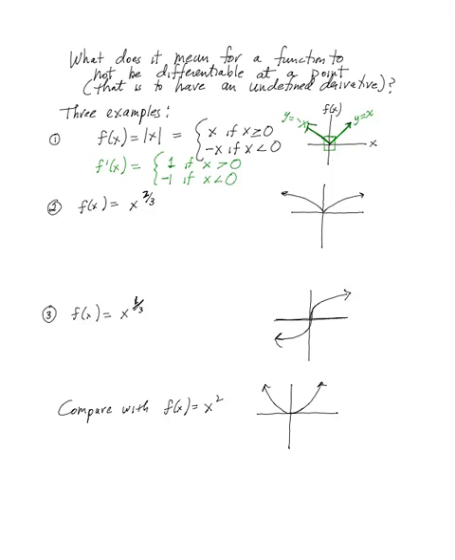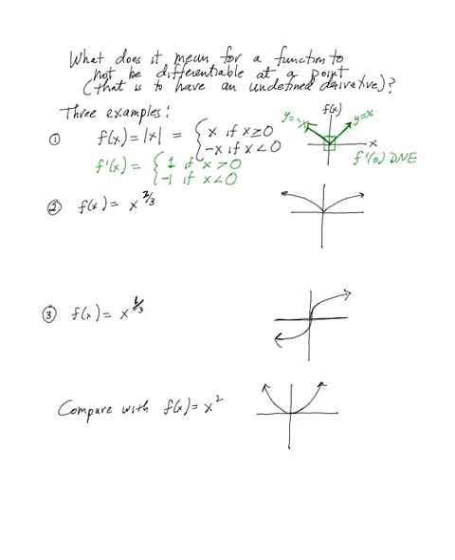So the derivative at 0, f prime of 0, does not exist. How can I tell just by looking at this graph? There's a sharp corner there. If a graph has a sharp corner, the derivative doesn't exist there. Differentiable means, in a graphical sense, smooth.